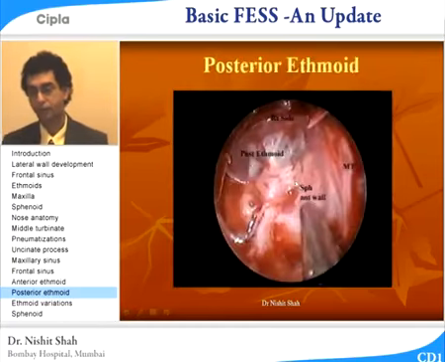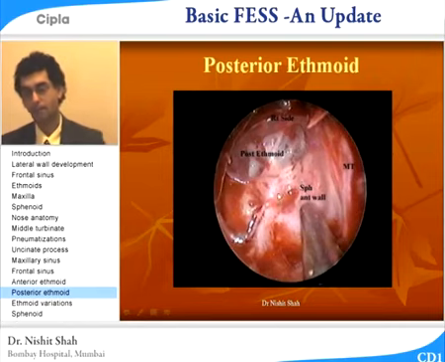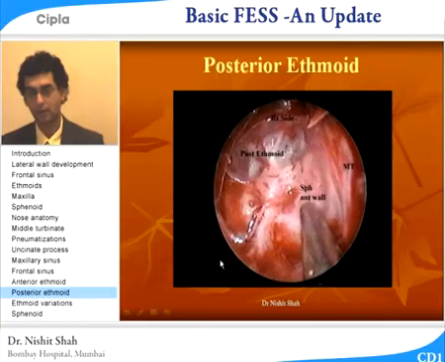When we talk of relation to the sphenoid wall, again an endoscopic picture shows us very clearly how the posterior ethmoid, which is all this part, is superolateral to the sphenoid anterior wall, which is inferomedial to the posterior ethmoids. This being the right side, middle turbinate, and the orbit, which will come over here.